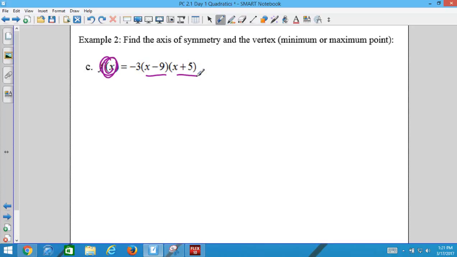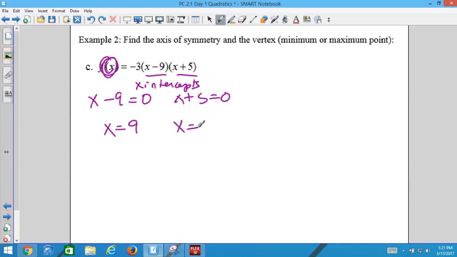The negative 3 tells me how skinny it is and which way it's flipped. So I'm going to say x minus 9 equals 0 and x plus 5 equals 0. This is to find the x-intercepts. So x equals 9 and x equals negative 5.